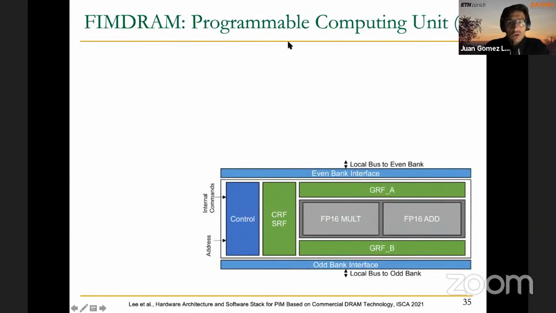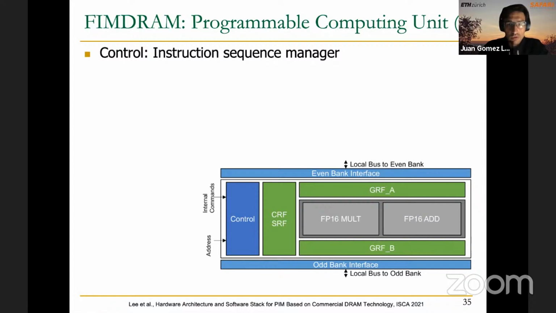Okay, so let's take a closer look at the programmable compute unit. Here you can see a quite simple figure, but it's already good to identify all the different components in this programmable compute unit. The first thing that you can see here is the control unit, which is like the instruction sequence manager. It is the unit that receives the commands and internal commands that come from the FIM controller that we have just seen in the previous slide, and this one decides what's the next instruction to execute.